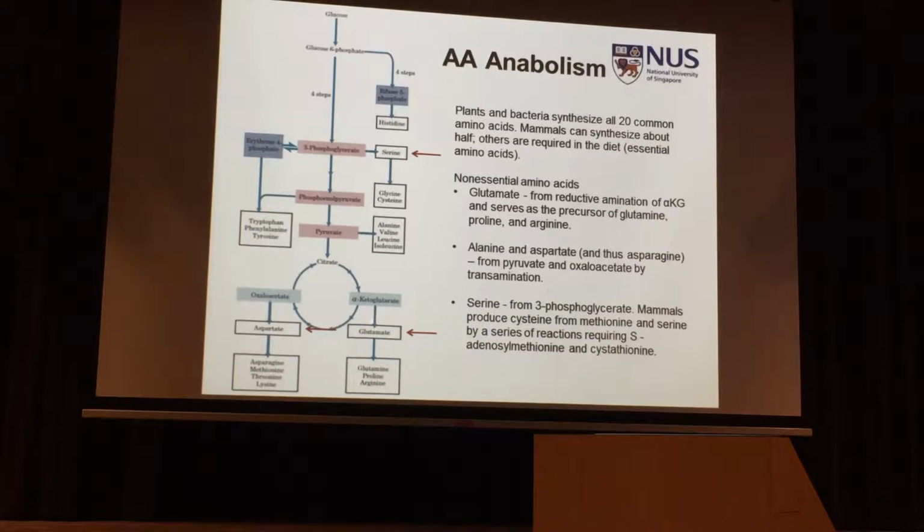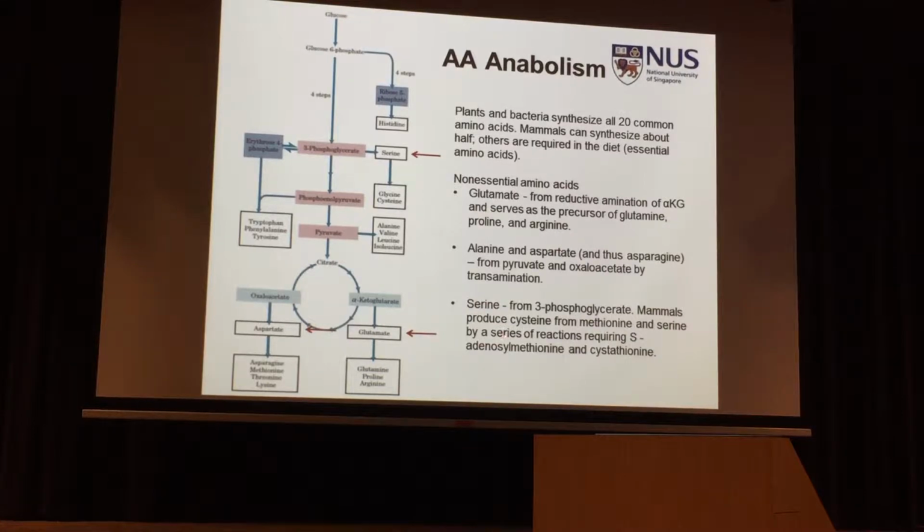As long as you remember the structure, you can tell the difference between a keto acid and an amino acid. Then you can link it up to this whole concept, transamination. Even this is also transamination. You see, this one is reductive amination, sorry, this is transamination. And serine you haven't seen, from 3-phosphoglycerate.